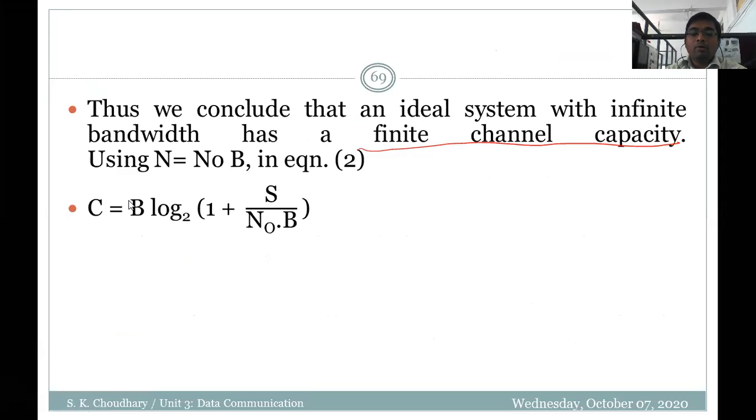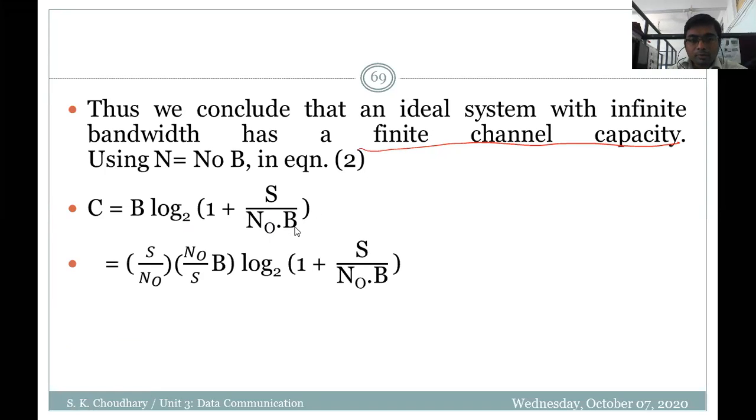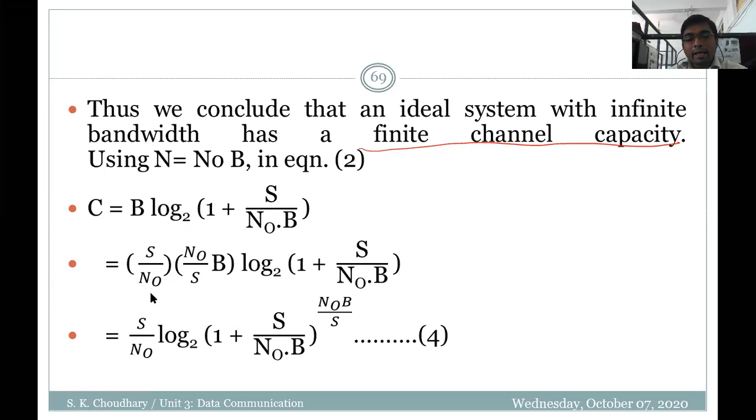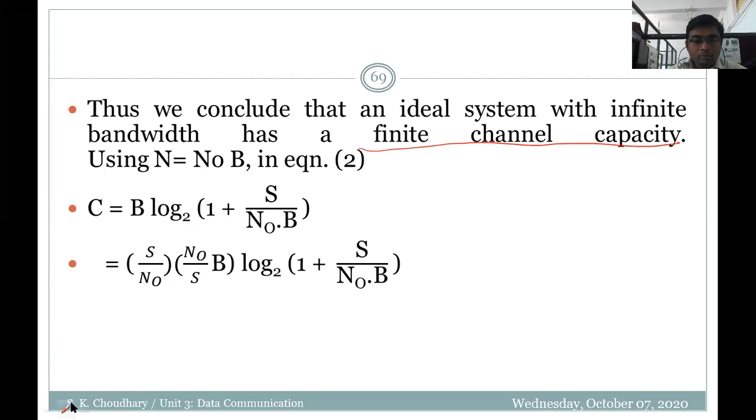So you can use the formula N equals N naught B in equation number 2. That is the equation of the channel capacity, C equals B log base 2 of 1 plus S upon N. N is replaced by N naught B. So here we just multiply by S upon N naught and divide by the same factor S upon N naught in this particular equation.